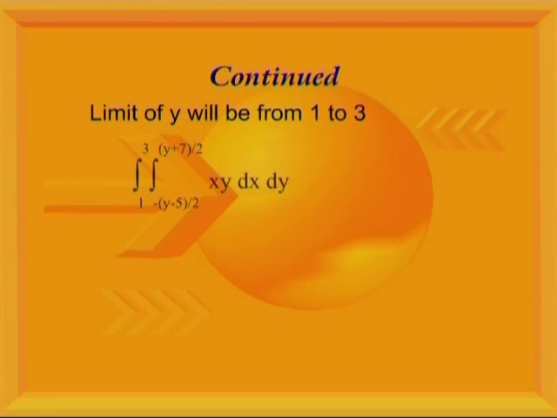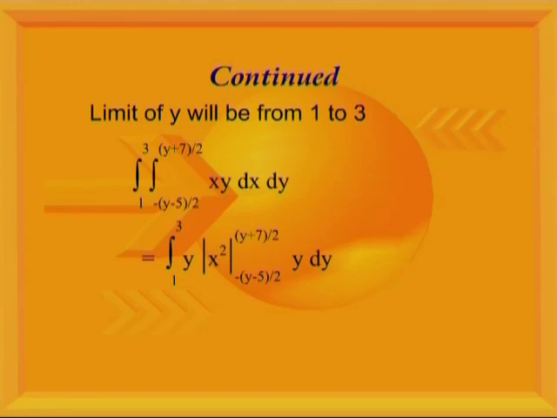When we are integrating with respect to x, definitely we keep y constant. So integration of xy is equal to y into x square divided by 2, and the limit for x is equal to minus y minus 5 divided by 2 up to x is equal to y plus 7 divided by 2.